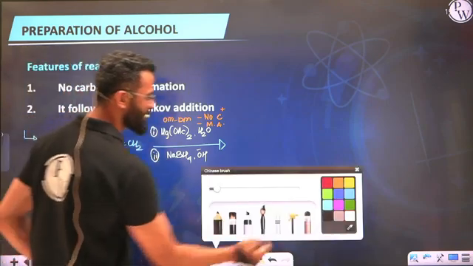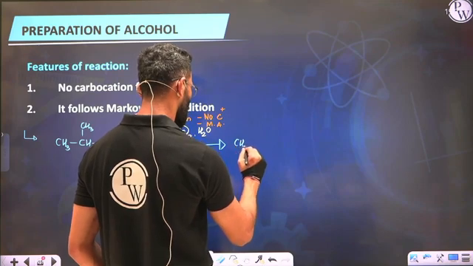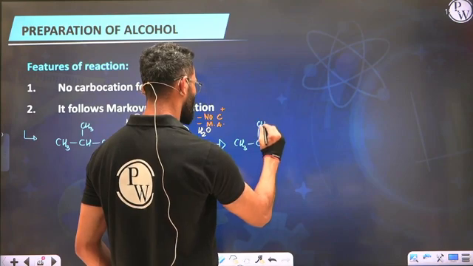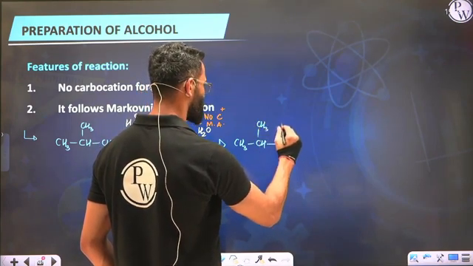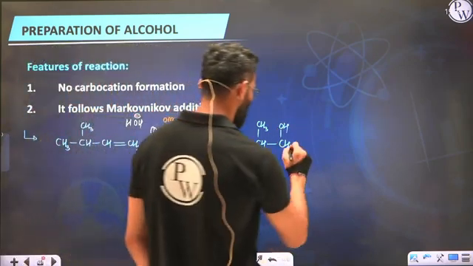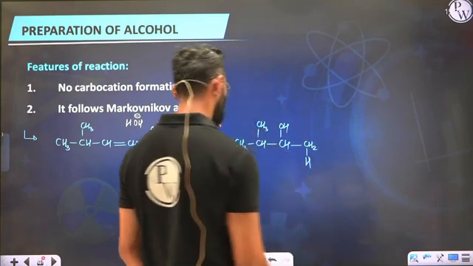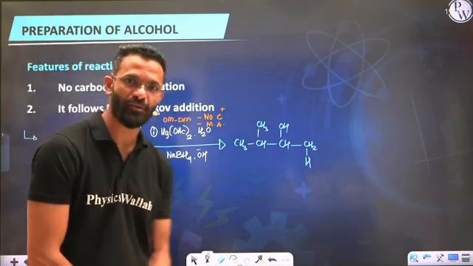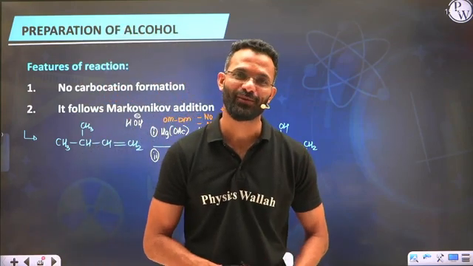So I can directly write down the product as CH3, CH, CH3. Now that is the CH carbon carrying less number of H. So since following Markovnikov, OH must be attached to this carbon, followed by CH2 carrying H. So that is your final product. That's how you're going to find the product straight away. So you see how important features of these reactions are helpful to get the product quickly.